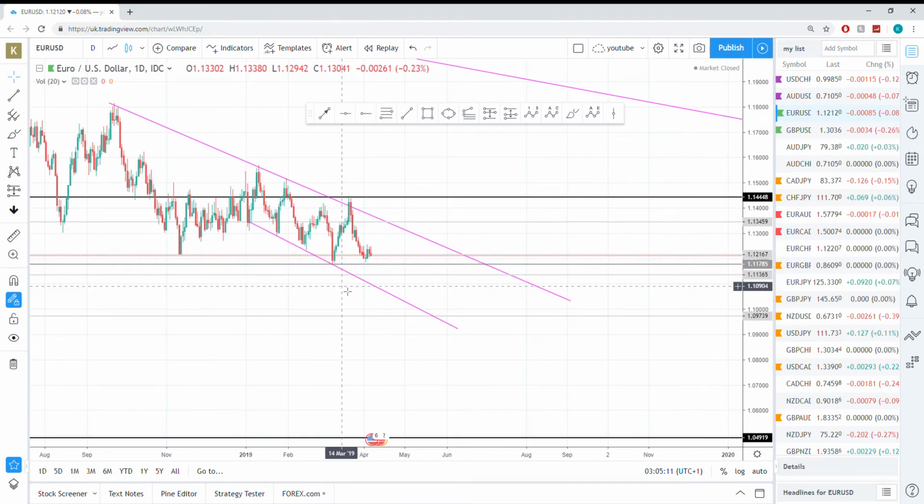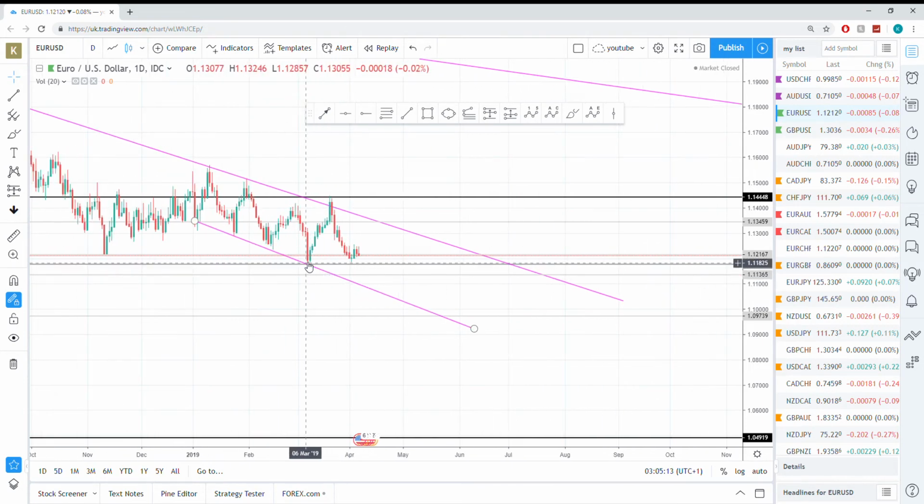For example, here would be a confluence because we have our monthly zone, our weekly zone, sorry, and our trend line. So we could argue that price would be more likely to bounce up a little bit, and it did in this case. It went to the top boundary of this other upper trend line.